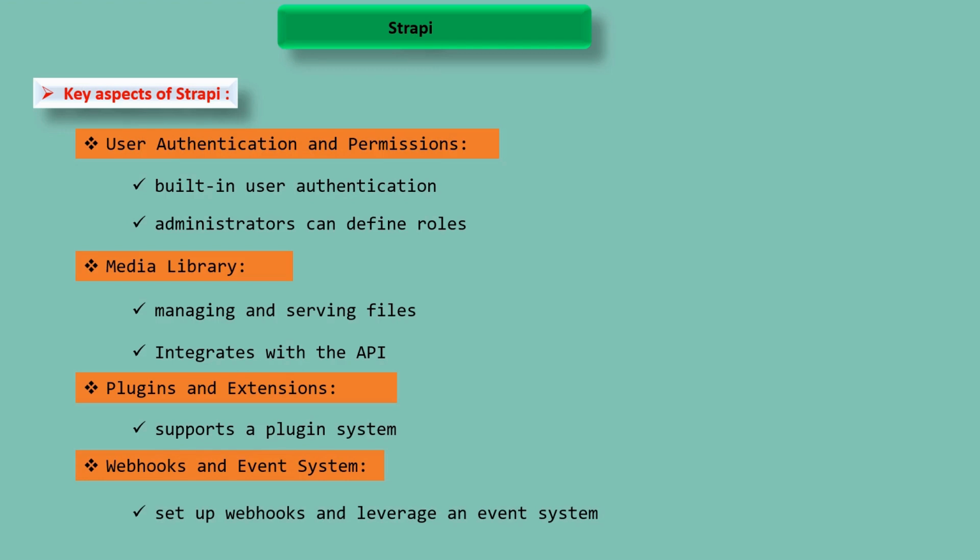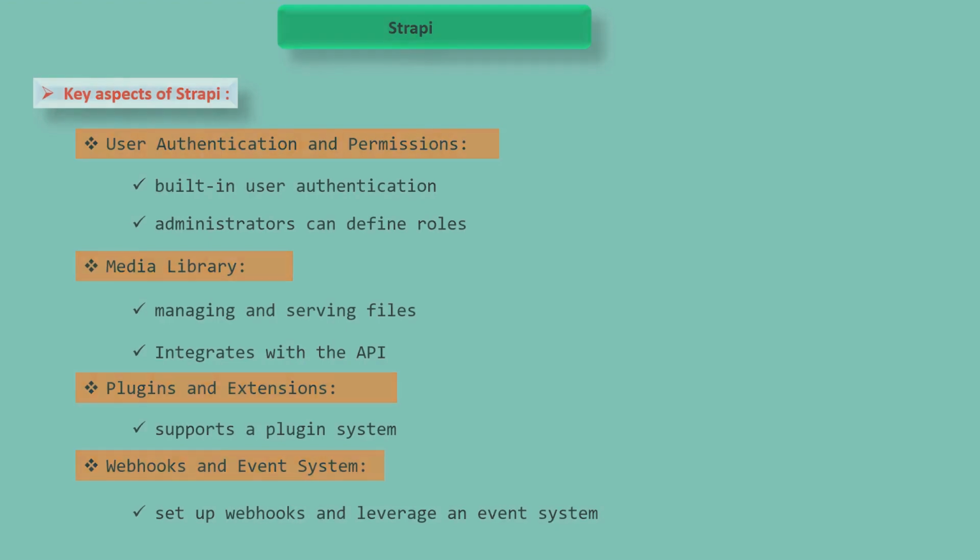Official and custom plugins provide additional features, such as third-party integrations, SEO tools, and more. Webhooks and event system. Strapi allows developers to set up webhooks and leverage an event system for reacting to specific occurrences within the system. Enables customization by triggering actions in response to events like content updates or user actions.